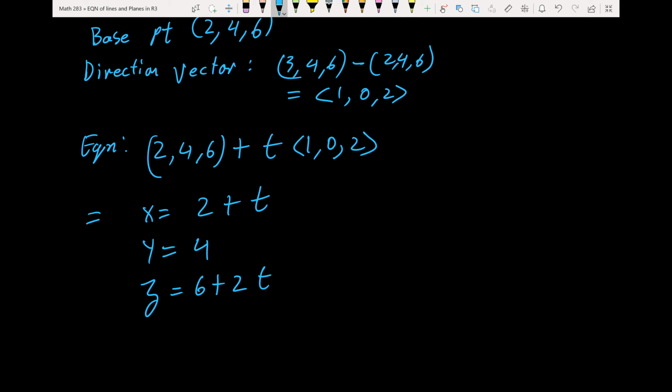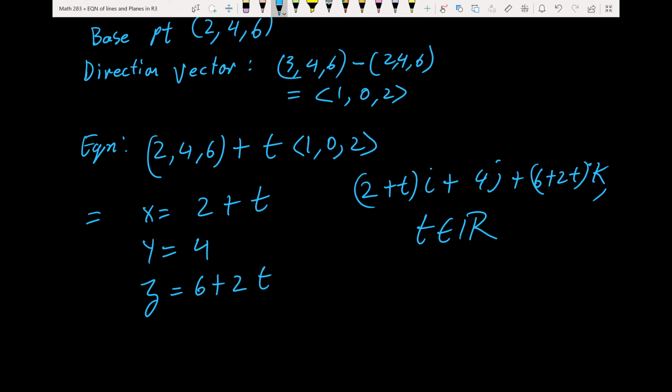Another way of writing that would be 2 plus t i plus 4j plus 6 plus 2t k, for all t real numbers.